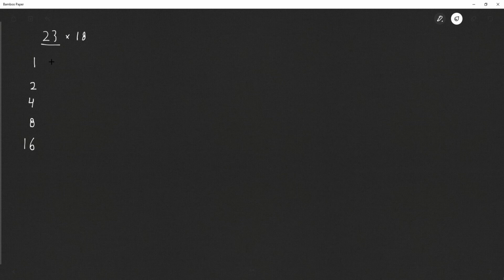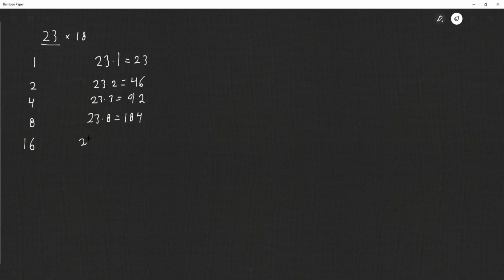So now what we're going to do is our 1, we're going to have it correspond to 23 multiplied by 1, which gives us 23. 2 is going to be 23 multiplied by 2, which gives us 46. 23 multiplied by 4, which gives us 92. 23 multiplied by 8, which gives us 184.